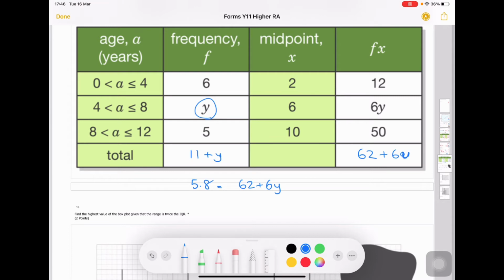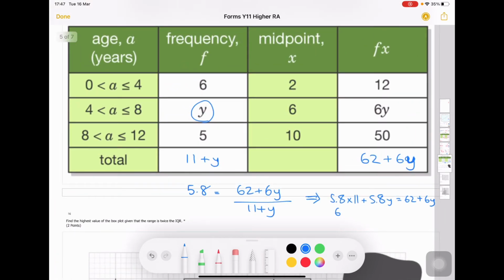I'm not sure why I didn't write that here. So multiply both sides by 11 plus y. 5.8 times 11 plus 5.8y equals 62 plus 6y.